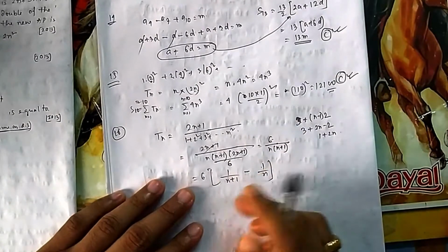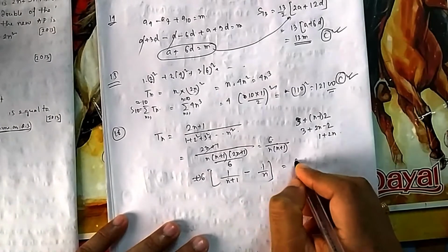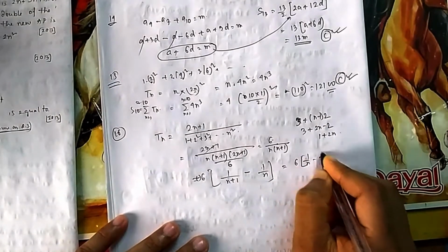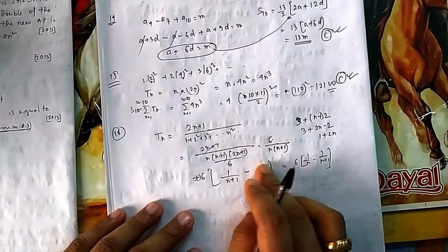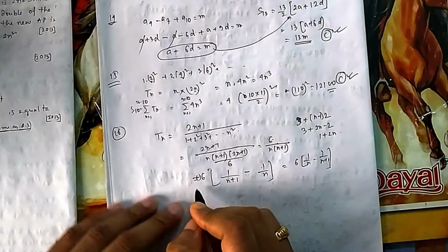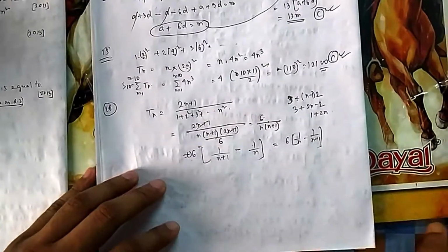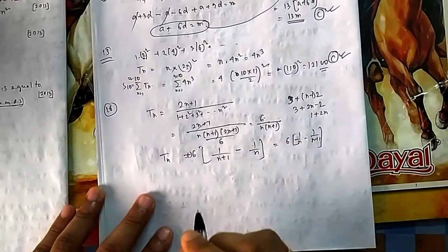So ultimately it will be 6 into (1 by n minus 1 by n plus 1). First you put a minus, then see how much numerator is coming. Suppose it comes 2, but here it is 1, so you divide by 2. So automatically it will be easy for you to calculate this type of thing. So this is Tn.